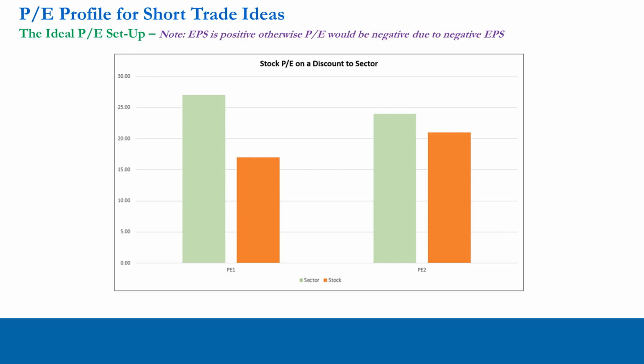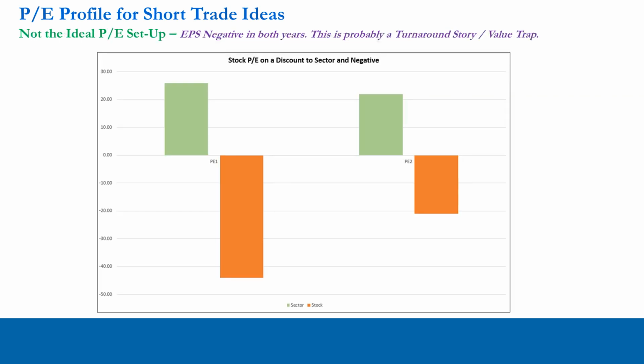This is our ideal price earnings ratio setup for short ideas. An example of a non-ideal price earnings ratio profile setup for short ideas would be if we had EPS that's negative in both years.